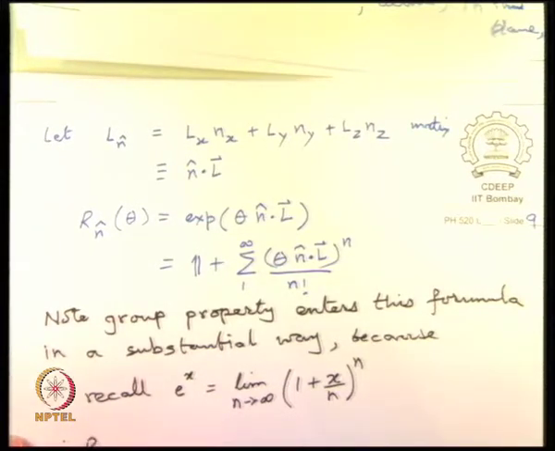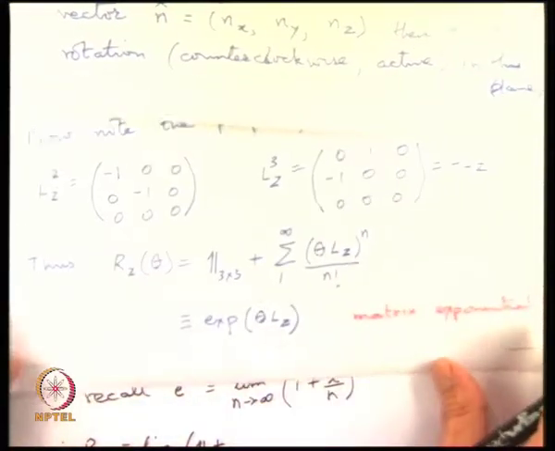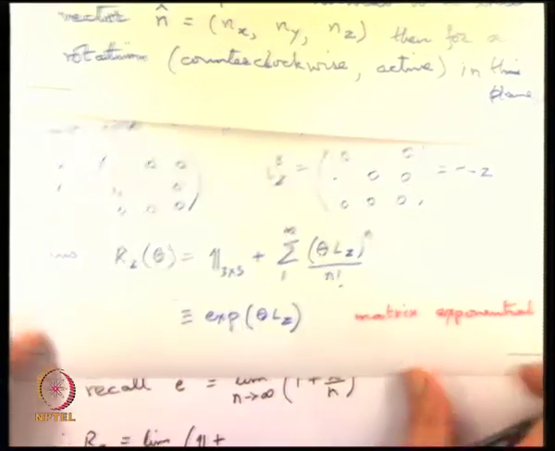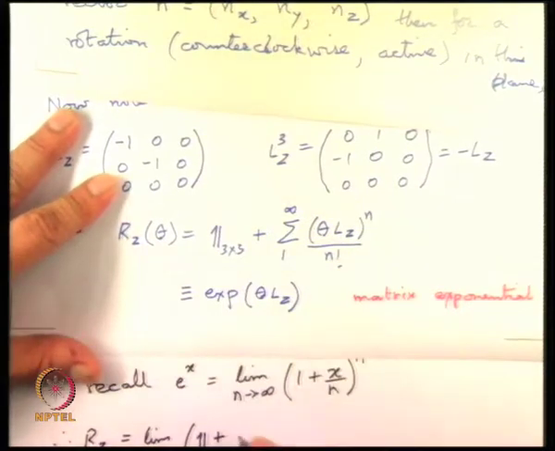And therefore, say Rz, just to avoid writing too much detail, Rz is going to be equal to the limit n going to infinity of 1 plus theta times Lz, with the n below the theta, to the power n. We are writing this exponent now using this Euler version of it.